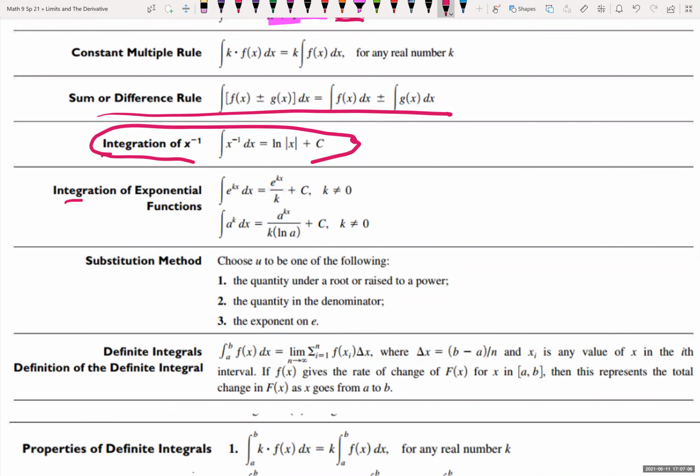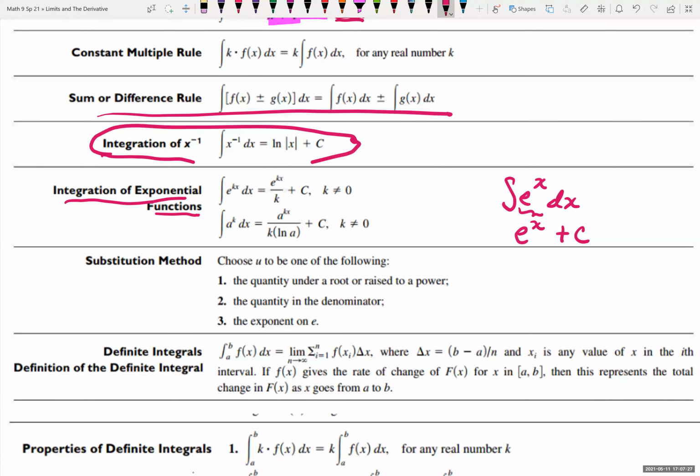If we were integrating the exponential function and it was just e to the x dx, well, we knew that the derivative of e to the x was just e to the x. So the antiderivative, what we could take the derivative of to get our integrand, is just e to the x plus c, if it's indefinite.